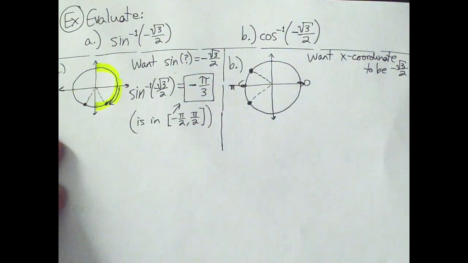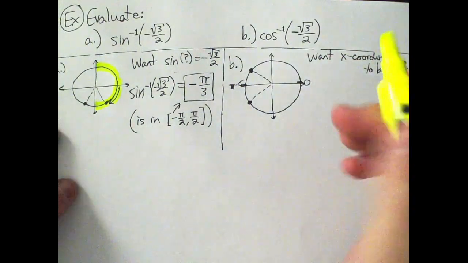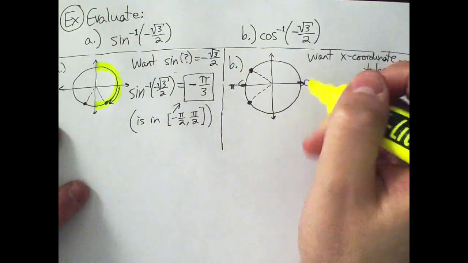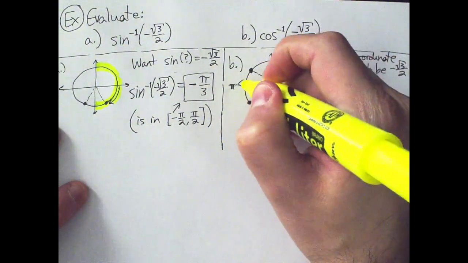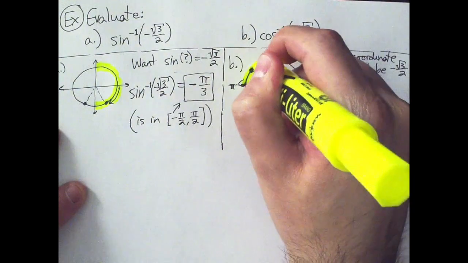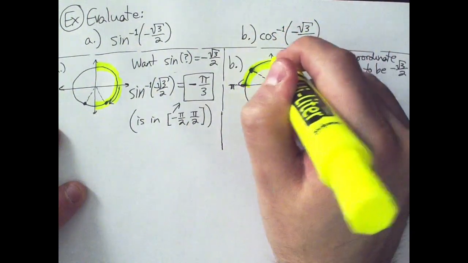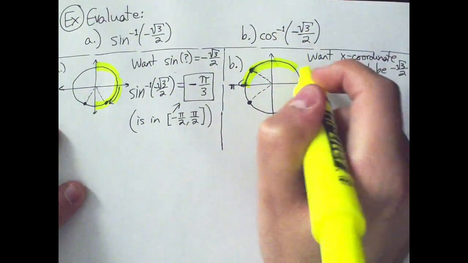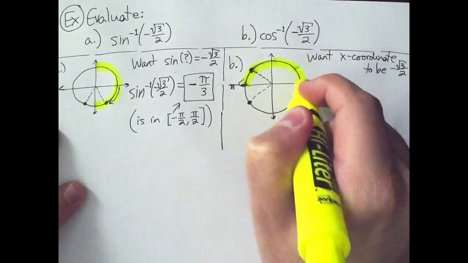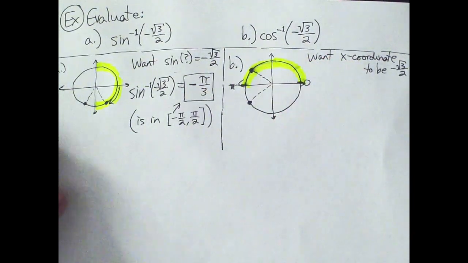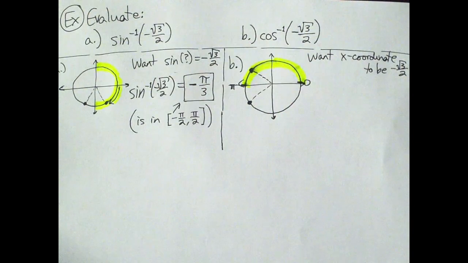For inverse sine, you need to be there because you want to be between negative pi over 2 and positive pi over 2. For inverse cosine, you want to be between 0 and pi, so you need to be in this half of the unit circle. So it's not the same for inverse sine and inverse cosine. They each have an interval that they need to be in.